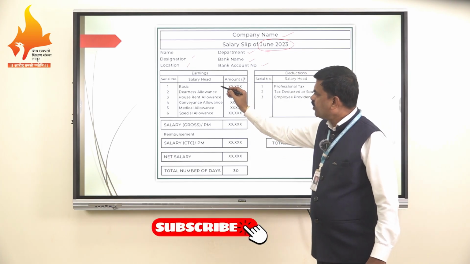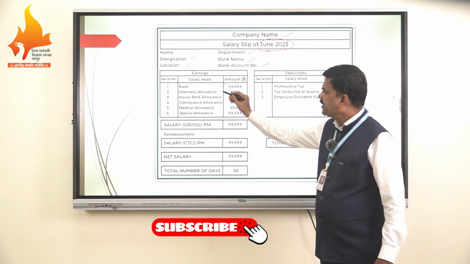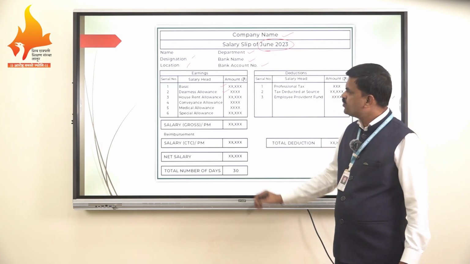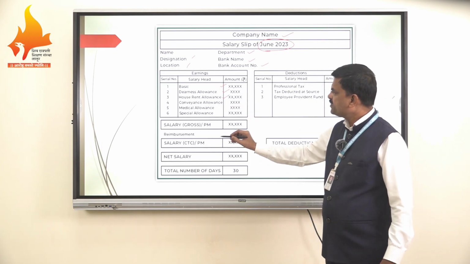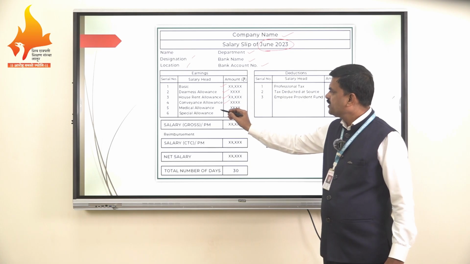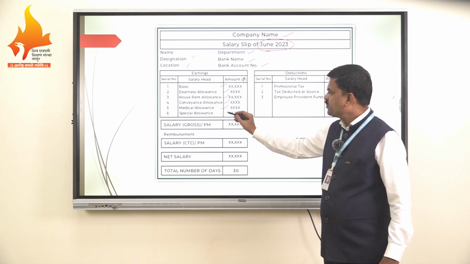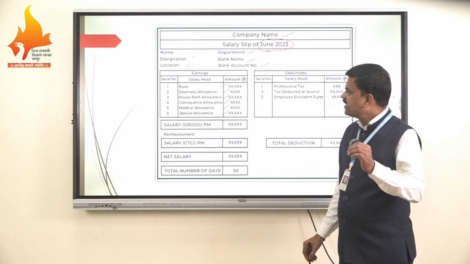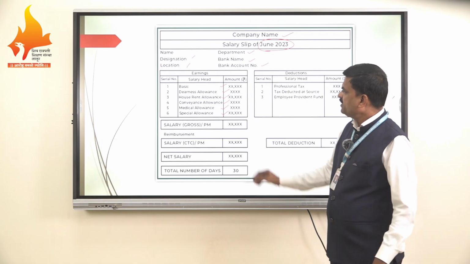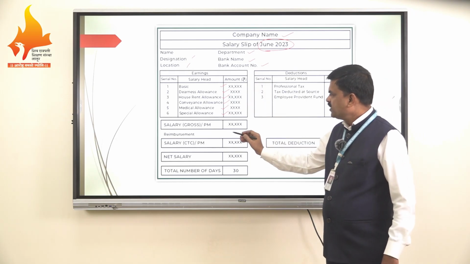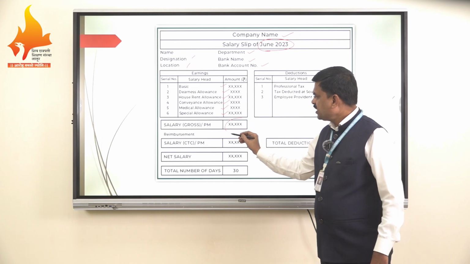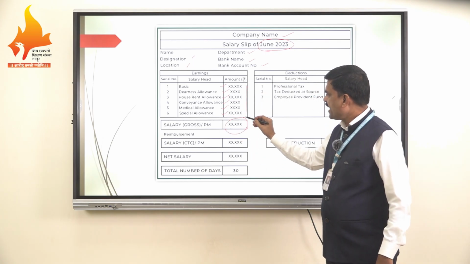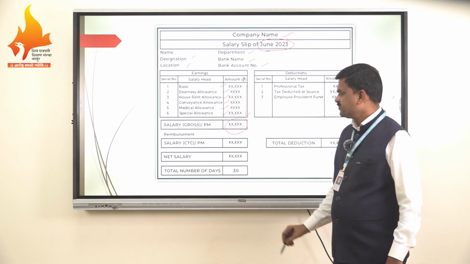The earnings in the form of basic salary, DA, that is dearness allowance, house rent allowance, convenience allowance, medical allowance, special allowance if the organization pays to the employee or workers. So here the total of all these is known as the gross salary.